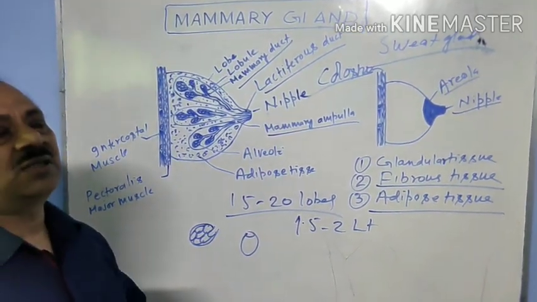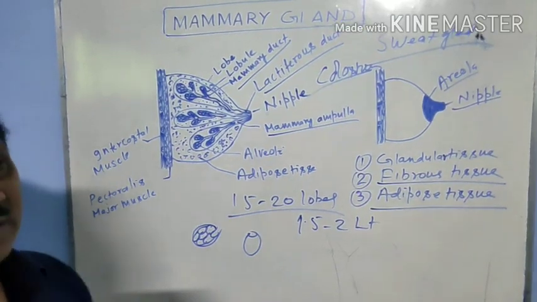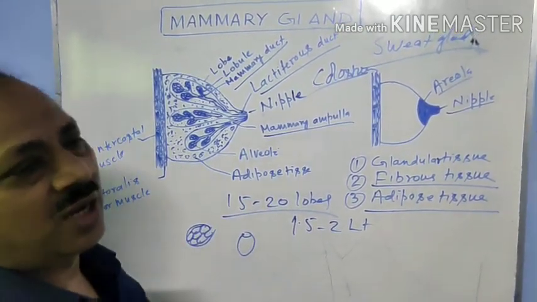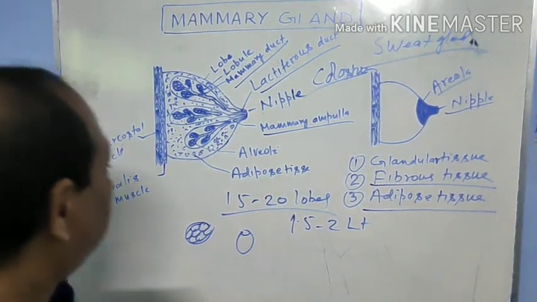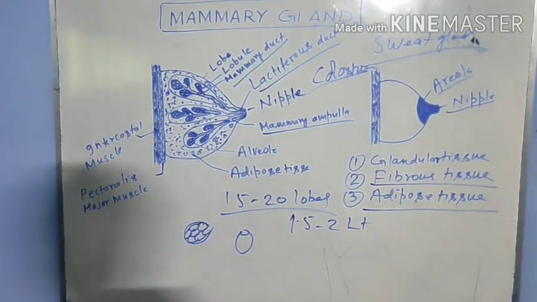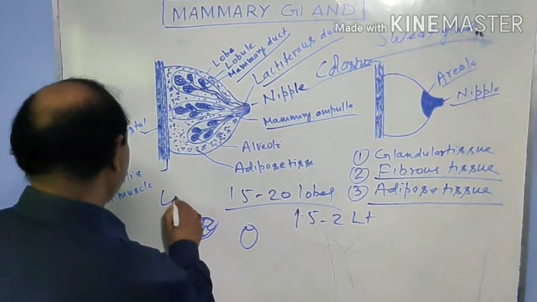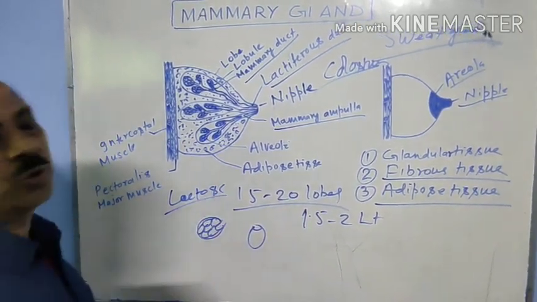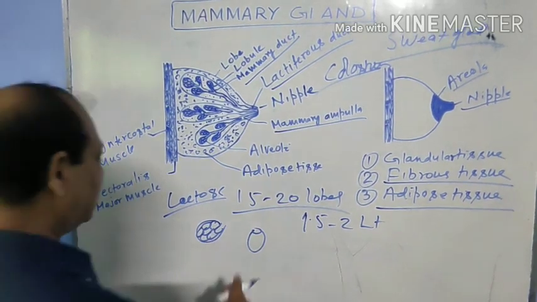It is a balanced diet. It contains carbohydrate, protein and lipid. Its milk sugar is known as lactose, and milk protein is known as casein.